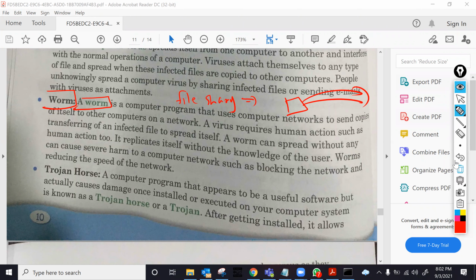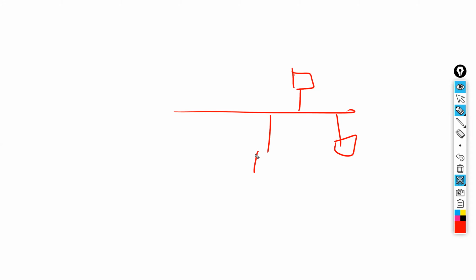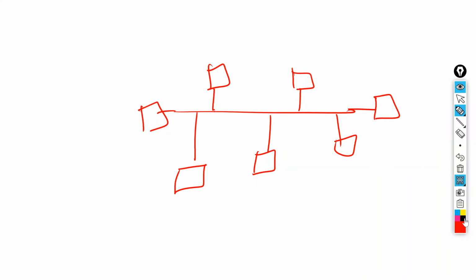Assuming that you have a computer lab, you have many devices, sometimes 50, 100 devices. If the worm infects one computer, this worm can send the data across to all the computers and cause disturbance.